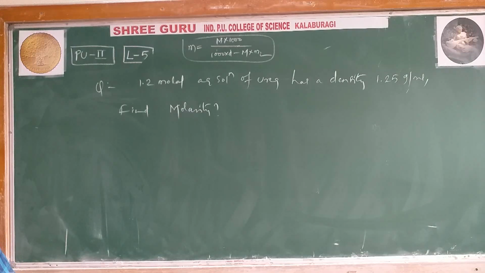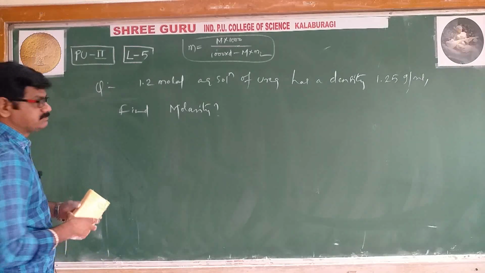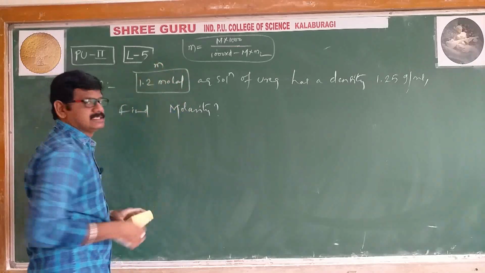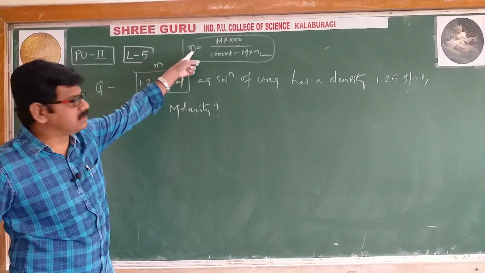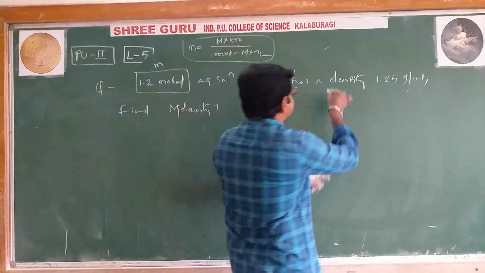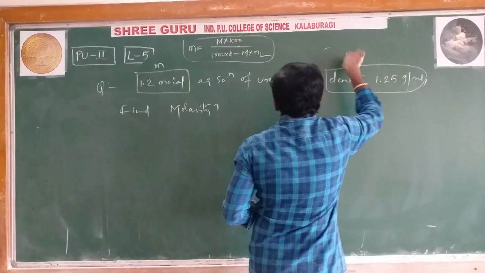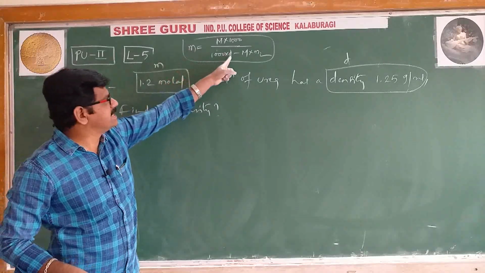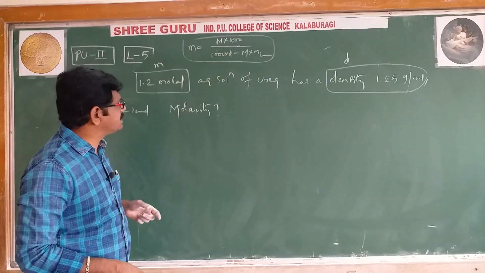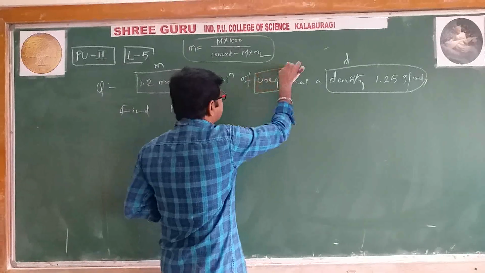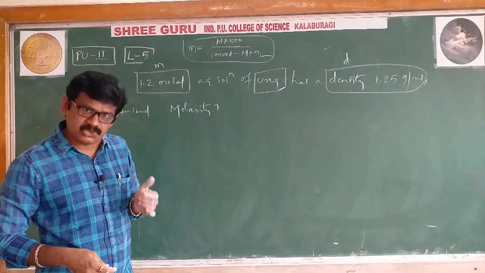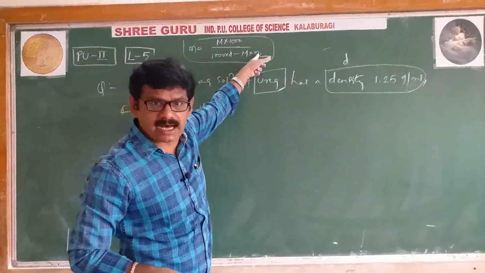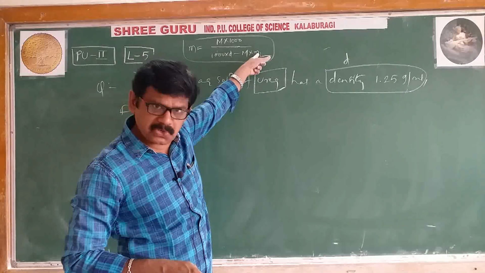First, we'll understand the given data carefully. 1.2 molal, small m, is given, as well as the density, 1.25. So small m is known, density is known, and one more thing is known: urea has been mentioned. What is urea? The solute. If a name is mentioned, its molar mass is automatically known.